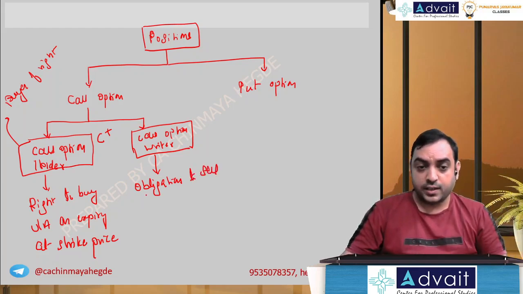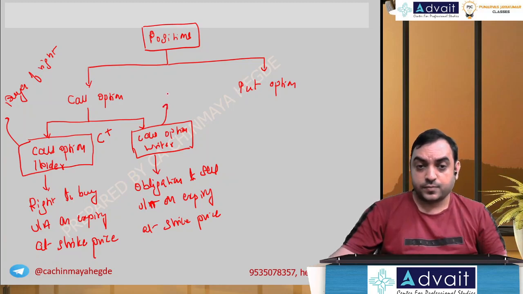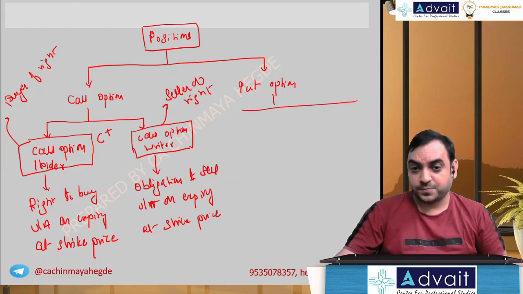Obligation to sell the underlying asset on expiry, that's called a European option, at the same strike price. He is the seller of the right.